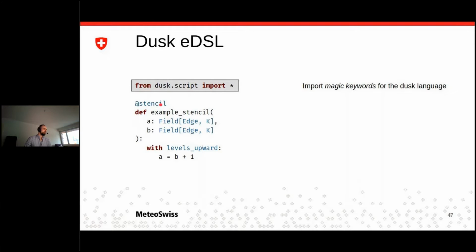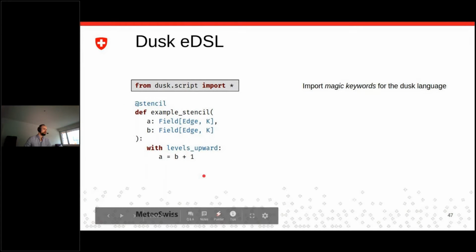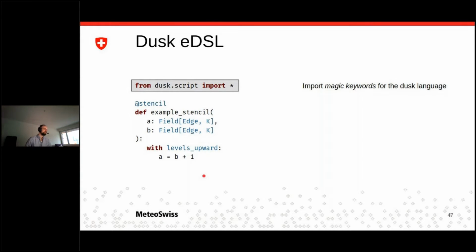There are very strong IDEs that give good auto completion, and they can warn you about potential errors. And because we give these Dusk keywords meaning within Python, the idea is that these good Python tools will not be confused by these new keywords. So with this import, you can use your linters, your auto completion, and very powerful Python developer tools in the Python development environment.